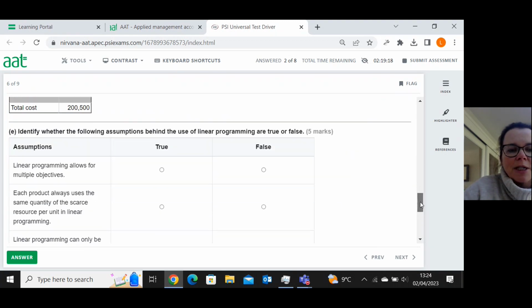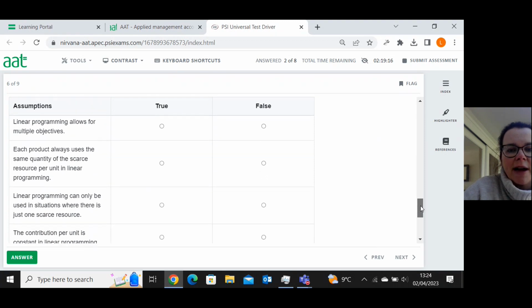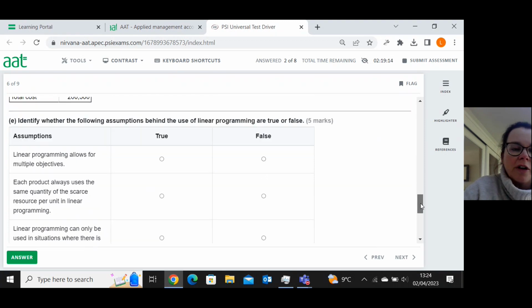Identify whether the following assumptions behind the use of linear programming are true or false. So linear programming is the one where you set your objective, usually around maximising contribution. And then you basically write equations for the limitations of maybe demand or how many hours are going in.